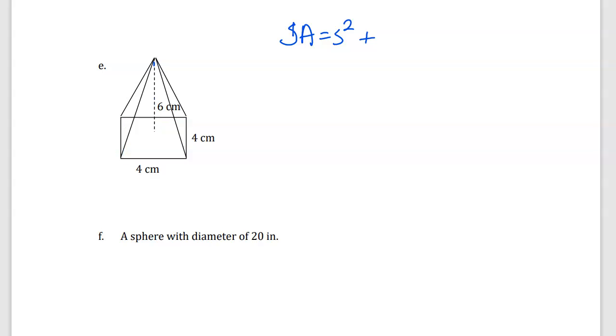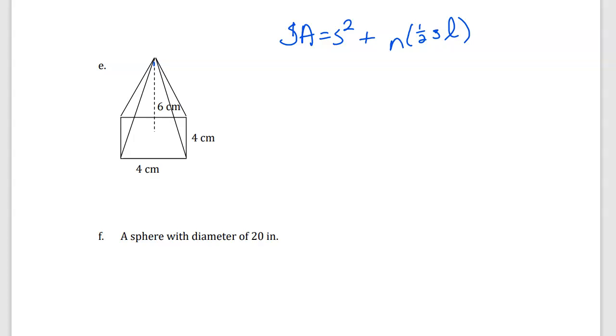And if you recall, the formula for a pyramid was the base plus the number of sides times 1/2 of the side times L, the slant height. Okay? Because that was the formula for the triangle.